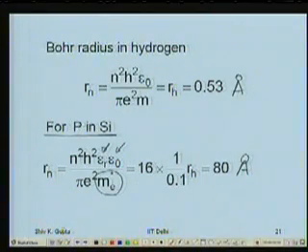The size of the orbit around the phosphorus nucleus is very large, and a small energy is required to excite this electron to go away from the phosphorus and become almost a free electron in the silicon.